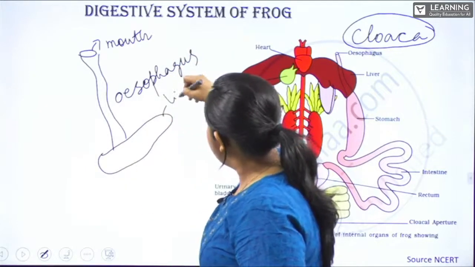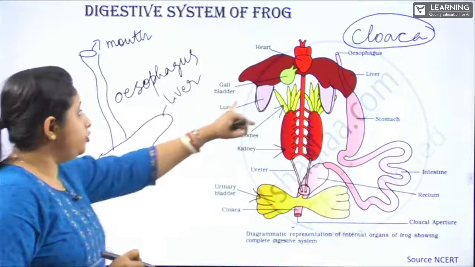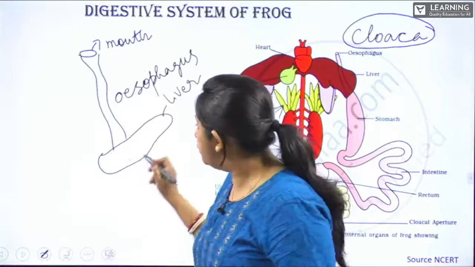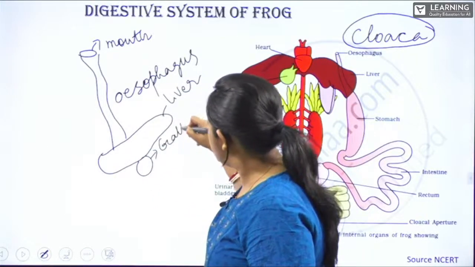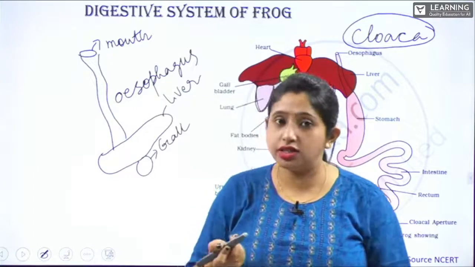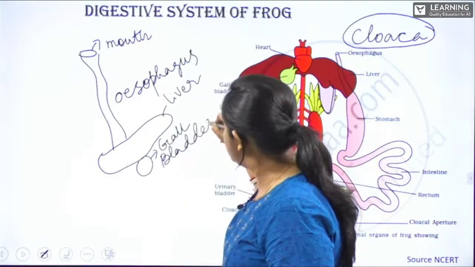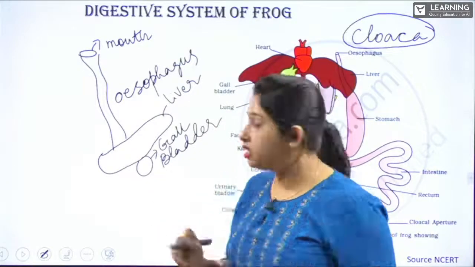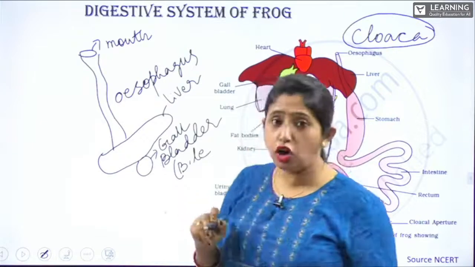Near the liver they also have the gallbladder. Which juice is secreted there? As you know, it is the bile juice. The secretion of bile takes place in the gallbladder.